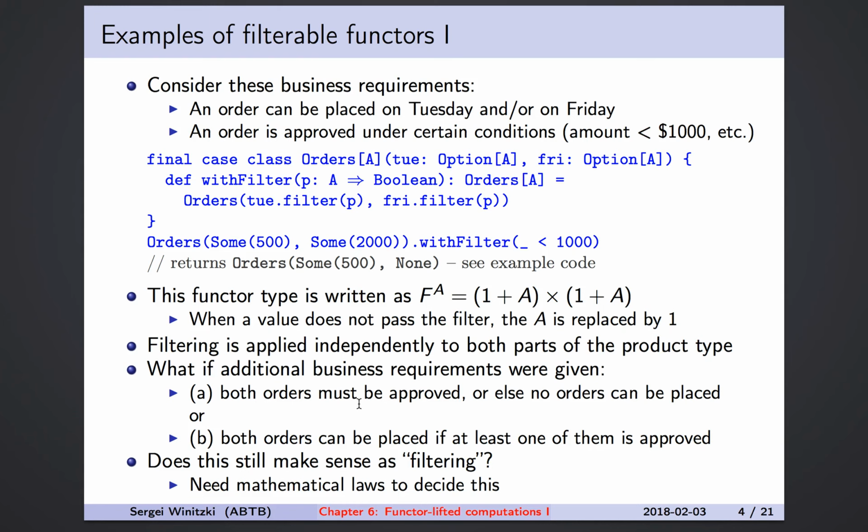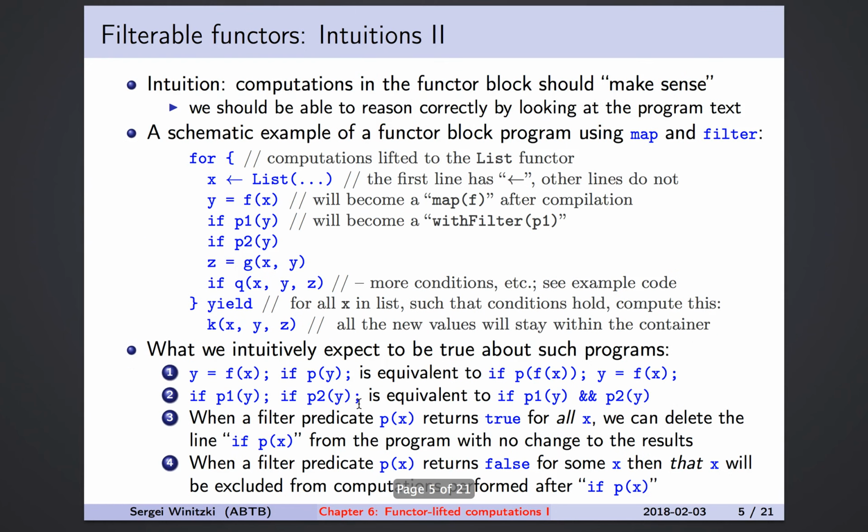Otherwise, we're just going to argue opinions, and that is not productive. So what are these mathematical laws? In order to arrive at them, we need some more intuition, and now we can generalize from examples we have seen.